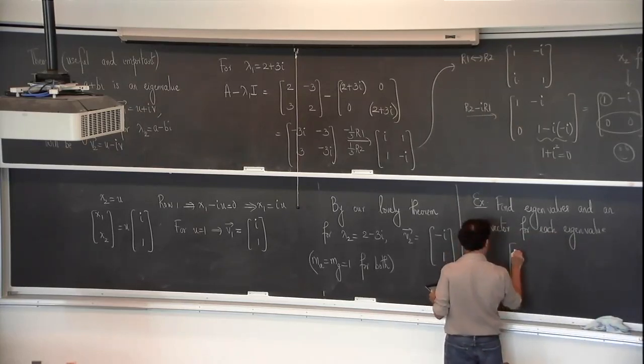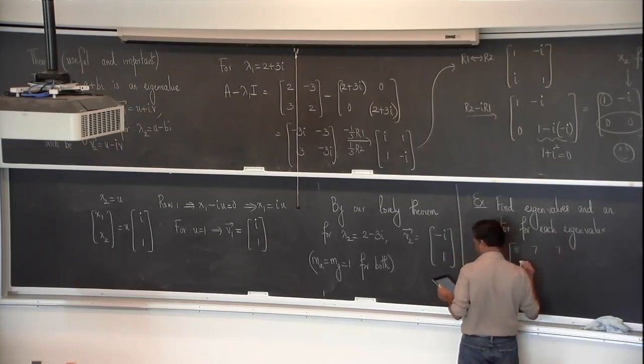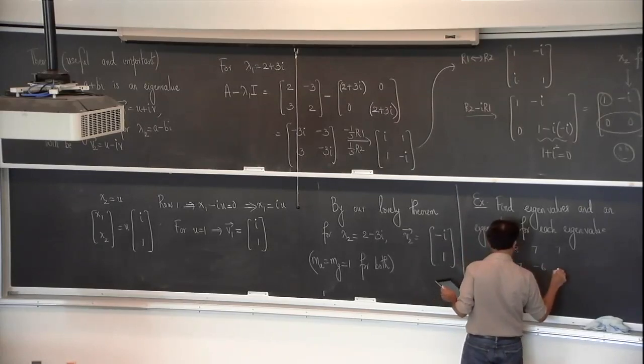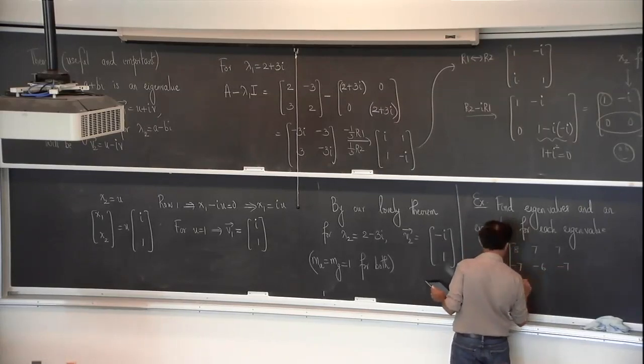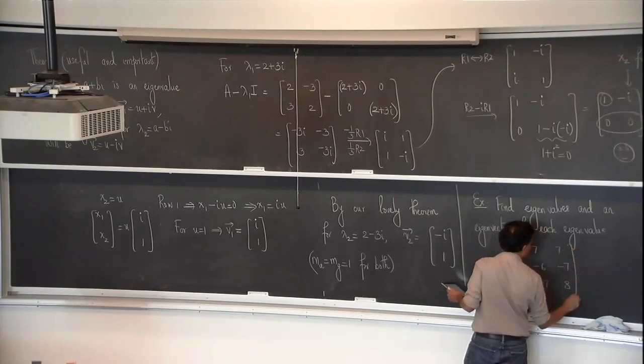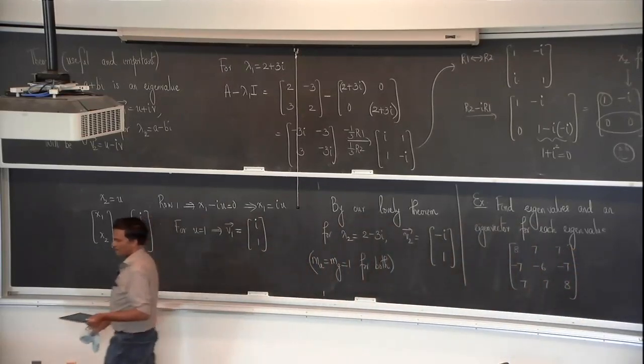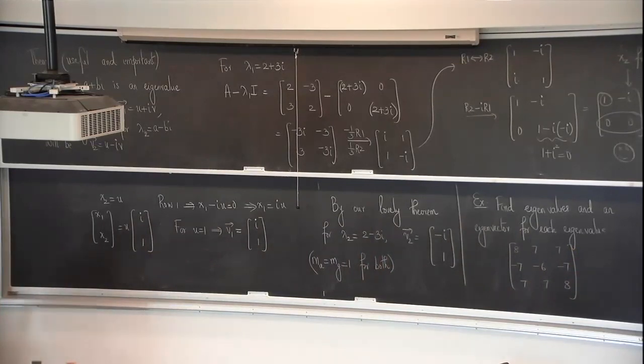Try this yourself: 8 7 7, 5 3 0 9, -7, -6, -7, 7 7 8. Take your time. You'll get some clean eigenvalues, but you have to work for it. And please don't do any REF.